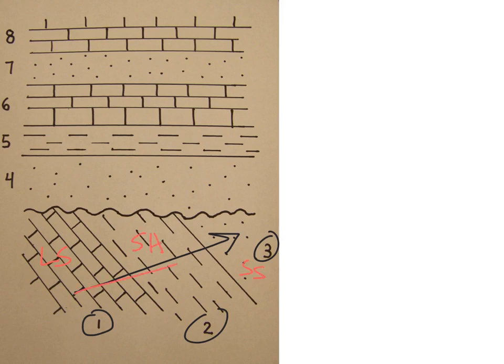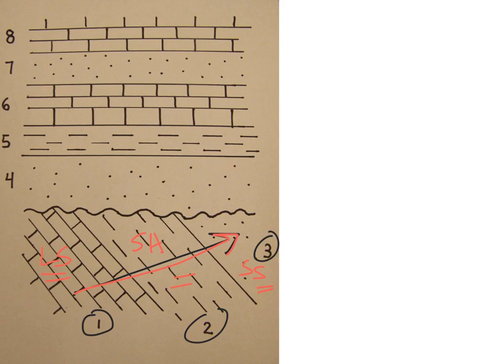So this is a coarsening upward sequence. We have the smallest particle size here, medium-grained particle size here, largest particle size here, a coarsening upward sequence. So the first thing that you can note is, okay, the seas must have been above this landscape when deposition was happening.